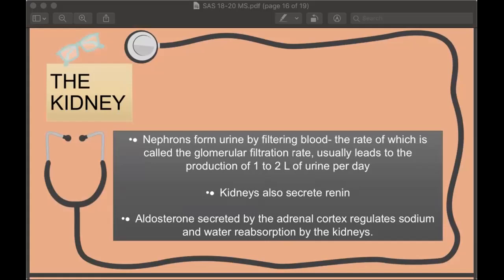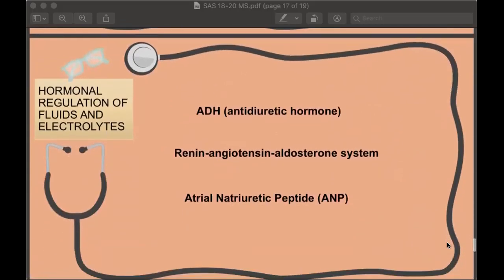Okay, now, kidneys also secrete renin, and renin is an enzyme that activates the renin-angiotensin-aldosterone system, your RAAS. Sounds familiar? Okay. Next one is aldosterone, secreted by the adrenal cortex, which regulates the sodium and water reabsorption by the kidneys. Okay, now let's go to the next slide.